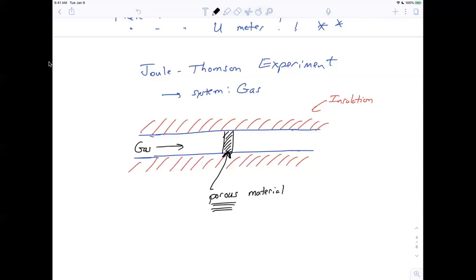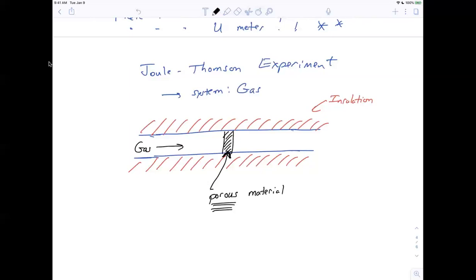Since it's flowing, it's going to have to go through this porous material. And that's why this material is porous. It's going to have to allow this gas to flow through it. But it's porous in the sense that it does offer some obstruction. So if you have a flow rate on the left-hand side, this porous material, though it won't block all of the gas flowing, is certainly going to slow it down.